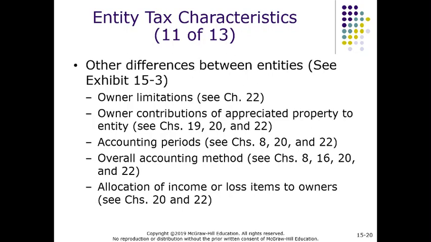All right, so they go off on several other things. Let's see where we pick this up. All right, so they're talking about other tax characteristics, and so this is the bottom of page 18, and on pages 19 and 20 they have exhibit 15-3.